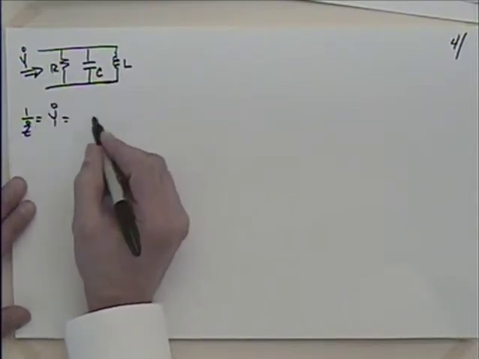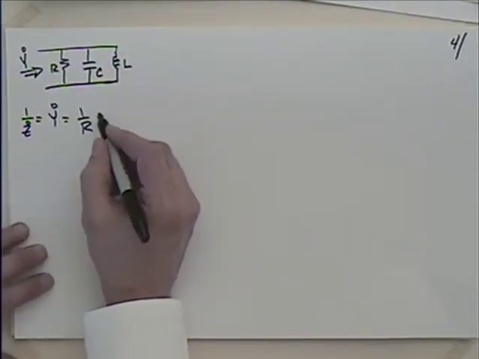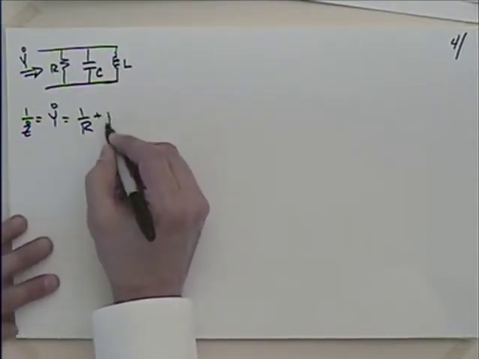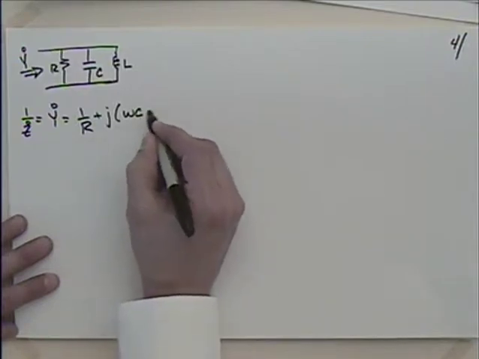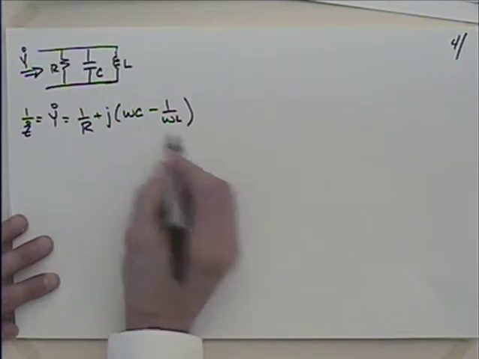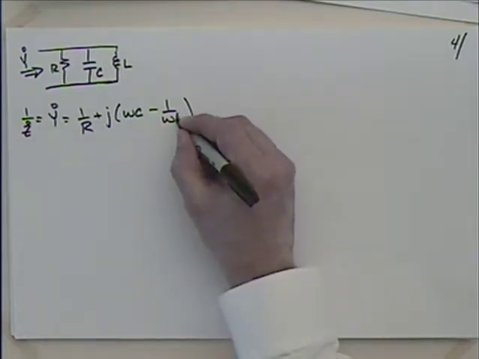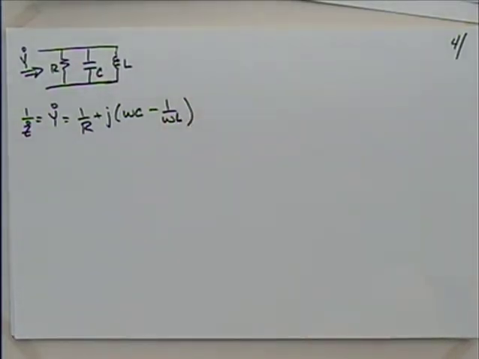So what's the admittance going to be? As we talked about last time, it's equal to 1 over R plus J times omega C minus 1 over omega L. When the term in the brackets cancels out, when omega C equals 1 over omega L, that's where we got our resonant frequency, 1 over the square root of LC.